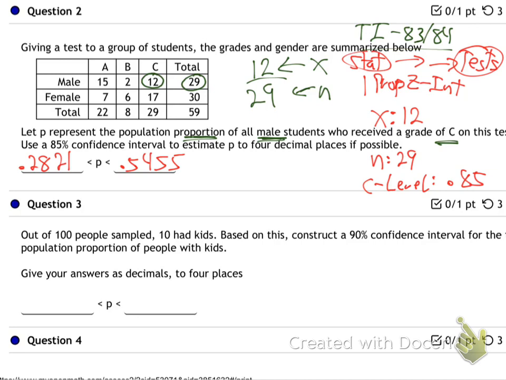There we go. Y'all getting that okay? We're saying we're 85% confident that the real percentage of males that get a C overall in that material is somewhere between 28% and 55%.